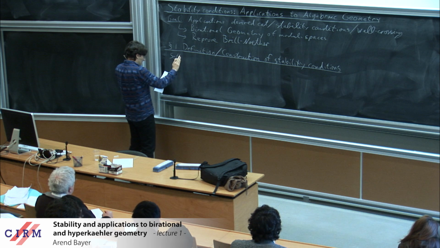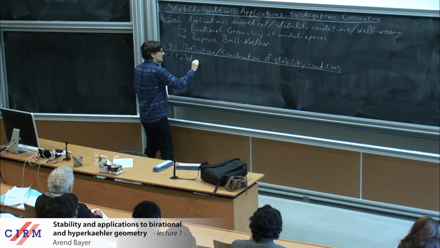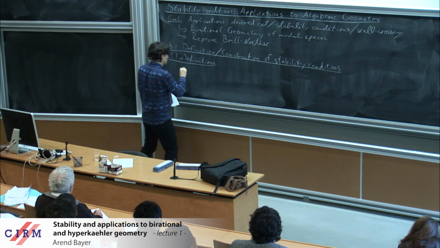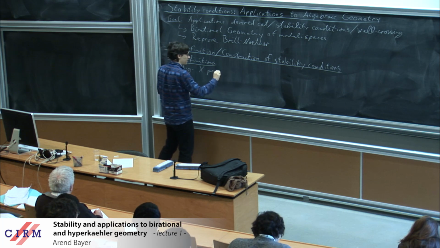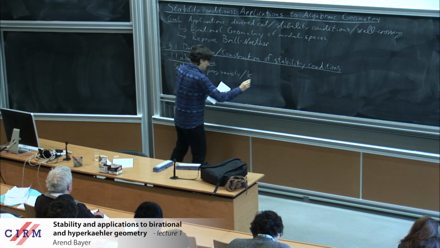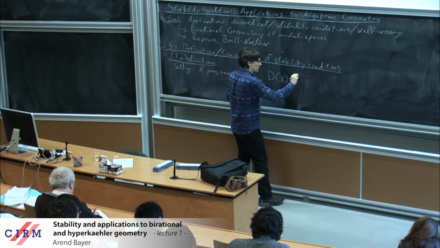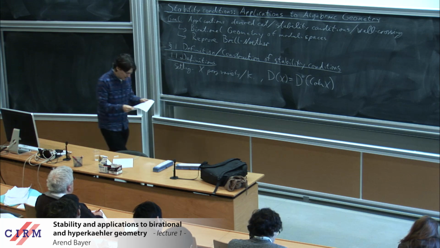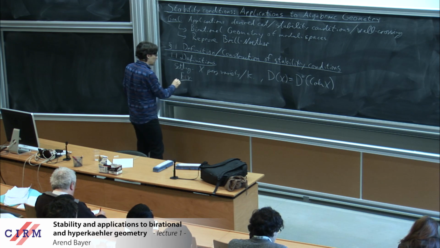For the definitions, the setting is that I'll start with a projective variety X over some field K that can be arbitrary at this point, and by D(X) I'll denote the bounded derived category of coherent sheaves on X, so complexes of coherent sheaves up to quasi-isomorphisms. I'll also fix something like a Chern character, or it could be a quotient of the Chern character.